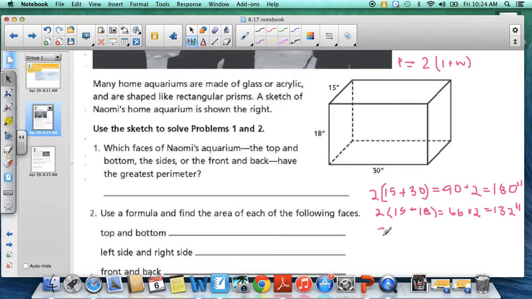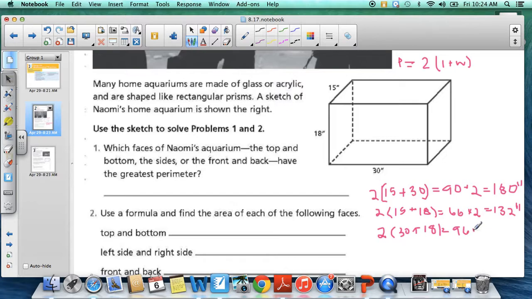So let's find the front and the back. So we have 2 times, let's see, 30 plus 18, and that is 96. Uh-oh, I think we have a winner.